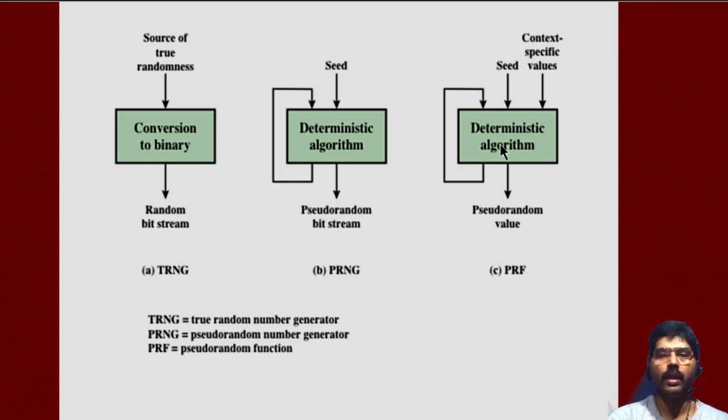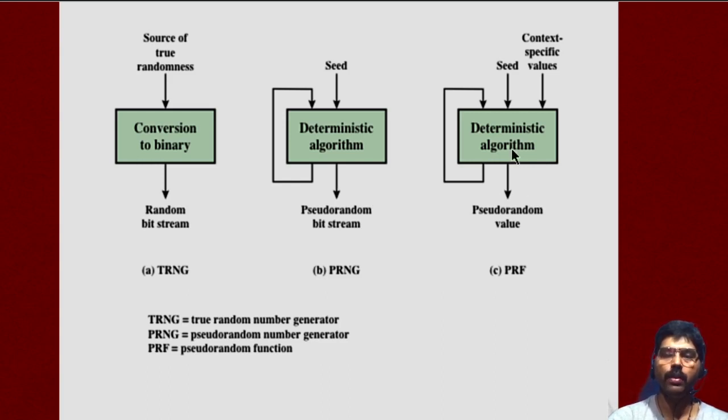And this is actually a pseudo random function. A pseudo-random function is used to produce pseudo-random numbers or pseudo-random strings or bits of some fixed length. Here, unlike the previous one, there is no fixed length, but this one will generate a fixed length pseudo-random number.